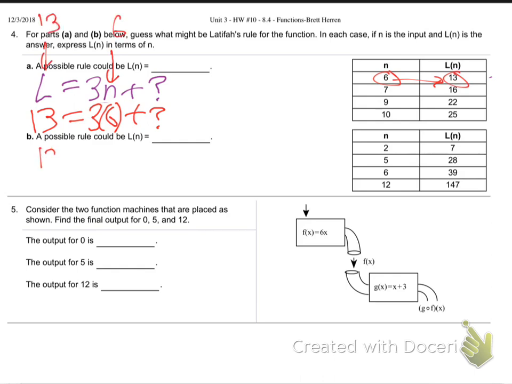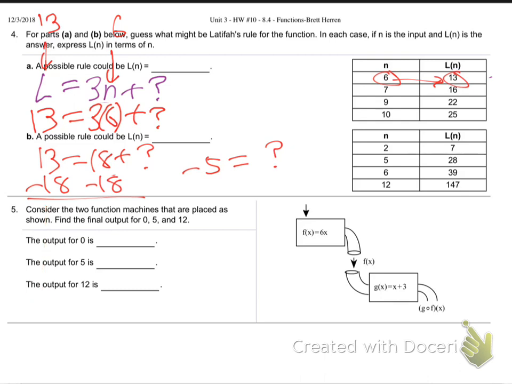So what's the question mark then? This is 18 plus question mark. Subtract 18 from both sides. So this is minus 5. I'm getting a little scribbly here. That means here, I'll just bring it over here. Minus 5 is the question mark. So the question mark is minus 5.